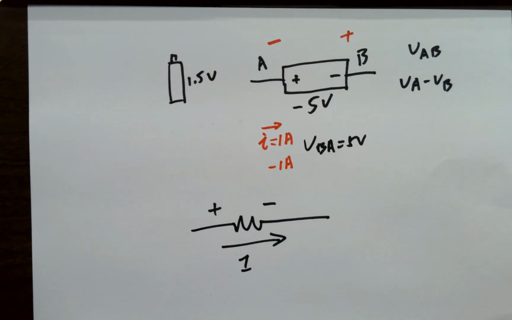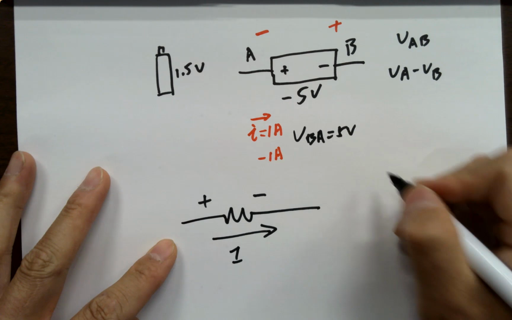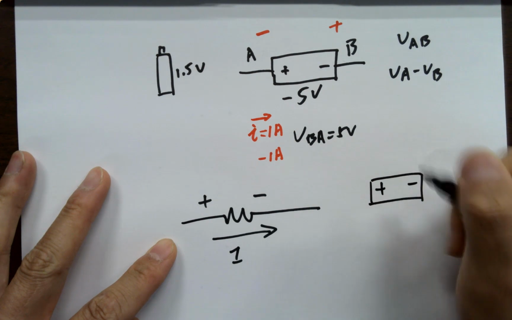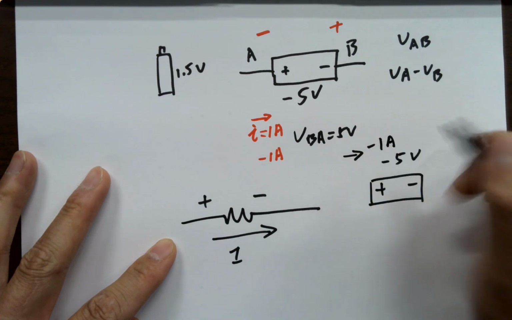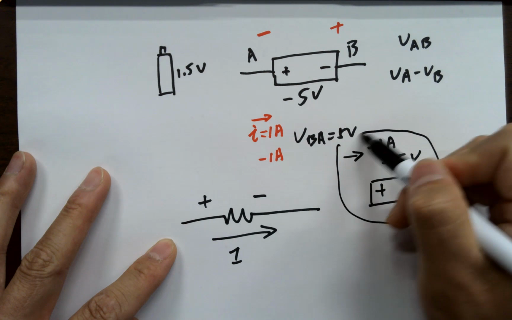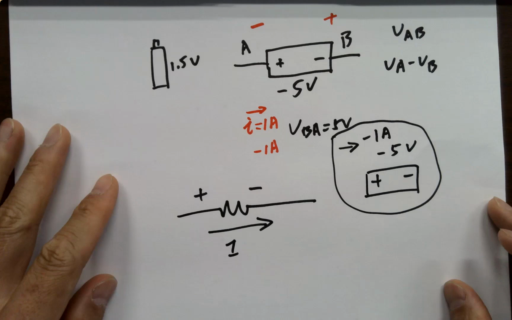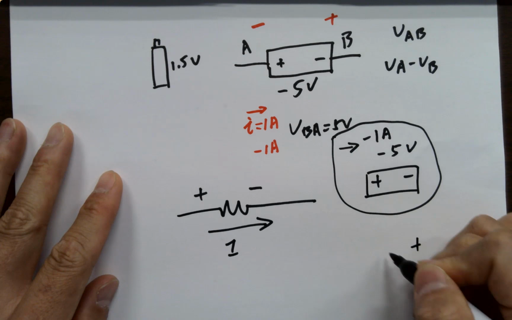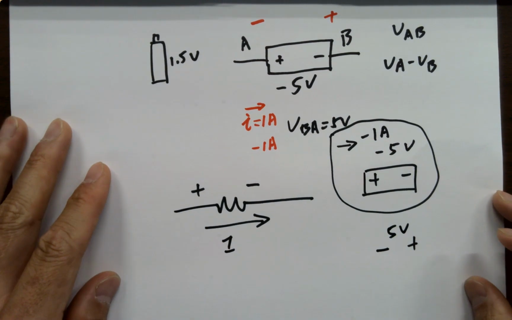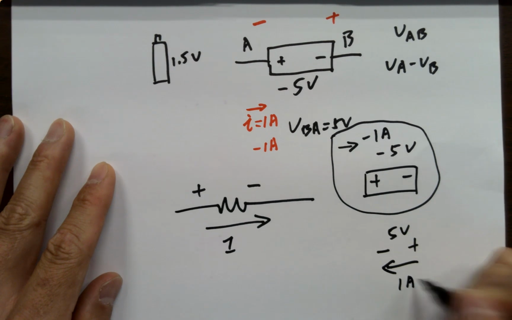So if I'm telling you, just redraw it: here's a component, plus minus negative 5 volts, and current that way, negative 1 amp. Could you convert it to the version that describes what's really happening in the circuit? Switch that, right? So it's going to be plus minus 5 volts. Okay, let's make it right. And the current flowing that way, 1 amp.